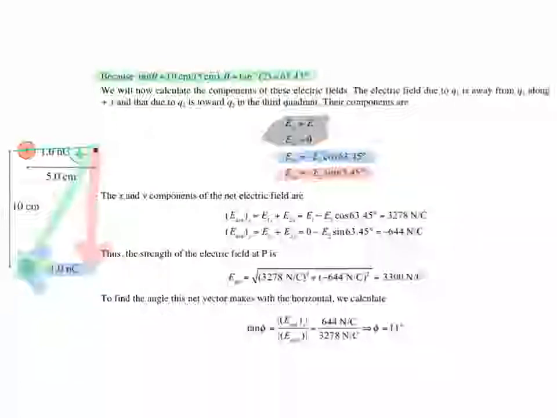And it has to be, notice that with respect to point P, if point P is at the origin, charge 2 is in quadrant 3, which has a negative x and negative y component. Hence, those two parts, the electric field due to charge 2 in the x direction has to point negative, and the electric field due to charge 2 in the y direction has to point negative.